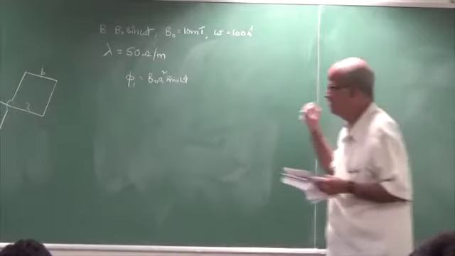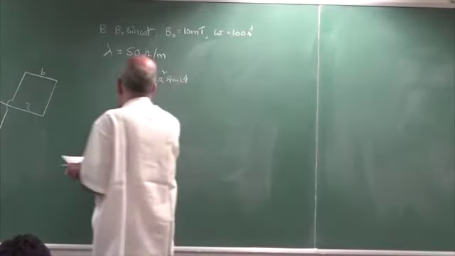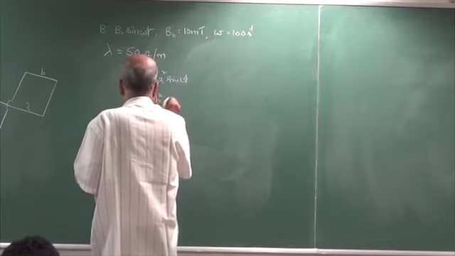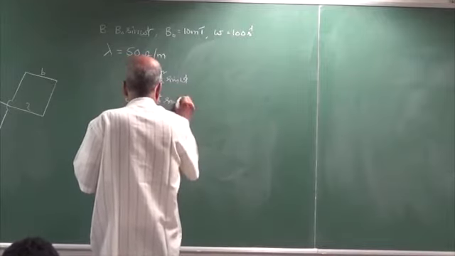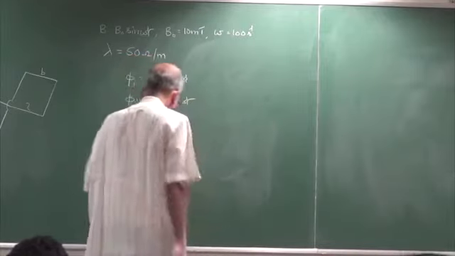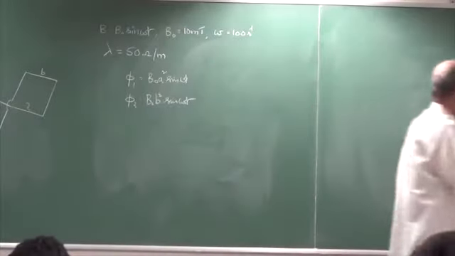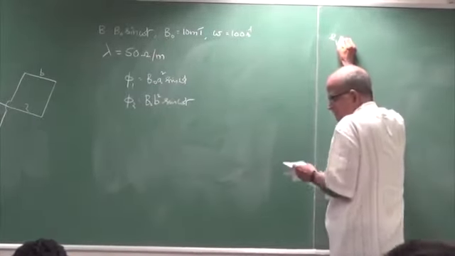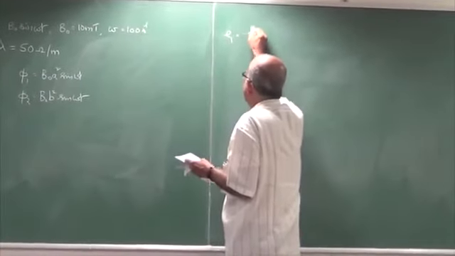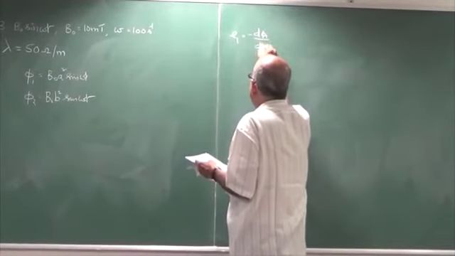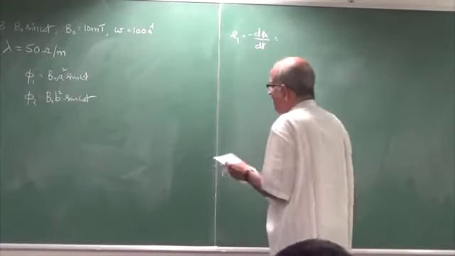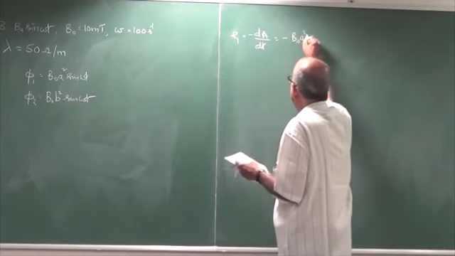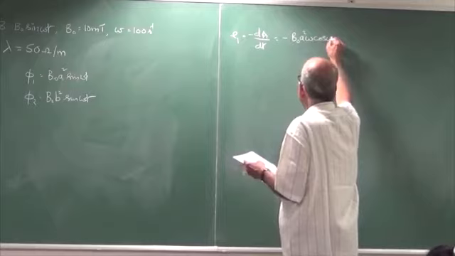What is the magnetic flux linked with the smaller loop? B naught b squared sin omega t. Will you agree? Okay. What is the EMF induced in the first loop? It is minus d phi 1 by dt, which is minus B naught a squared omega cos omega t.